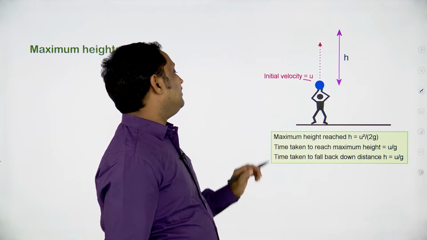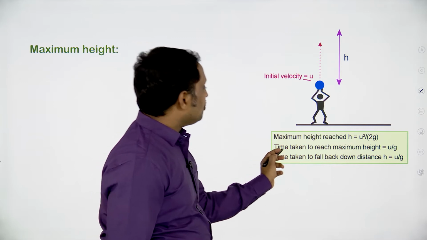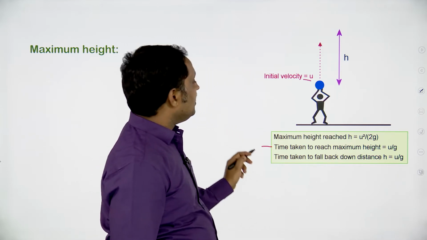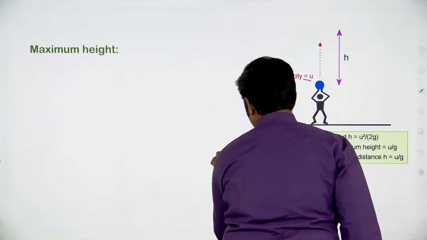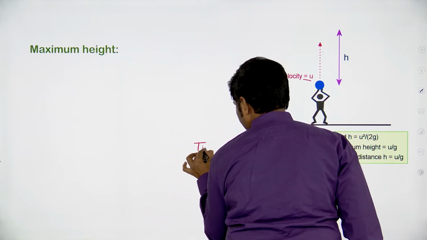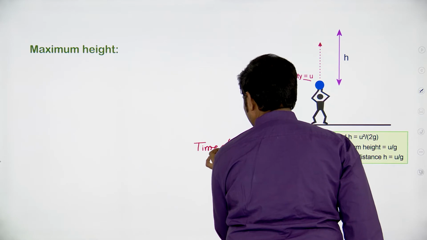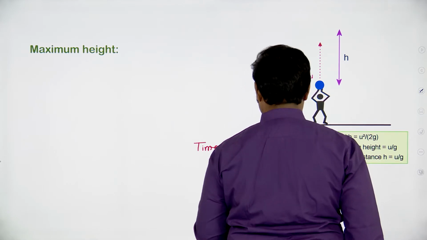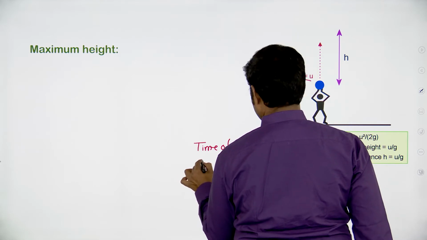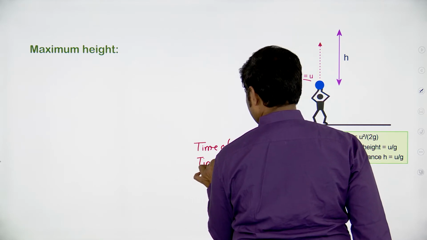All right. Time taken to reach the maximum height is going to be the time of ascent. It's very clear. We would like to go for this one. Time of ascent. Then time of descent.